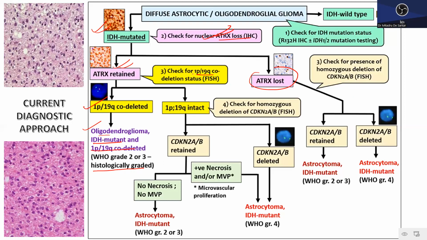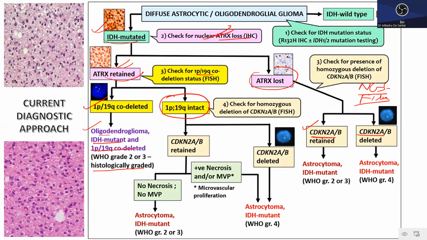IDH mutated astrocytoma could also be seen in the scenario where you have an IDH mutation, but you have ATRX retention and you do not have a 1p19q co-deletion. In both these cases, you will have to immediately check for the homozygous deletion status of CDKN2A and 2B by FISH over here, but again, slowly being taken over by NGS, DNA promoter methylation assay, etc.